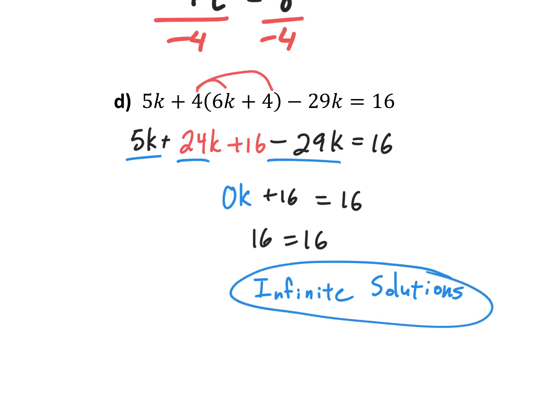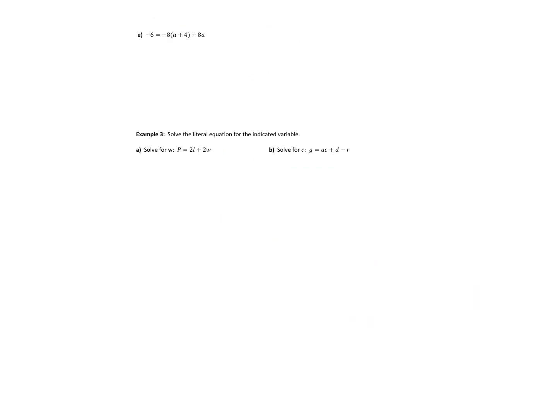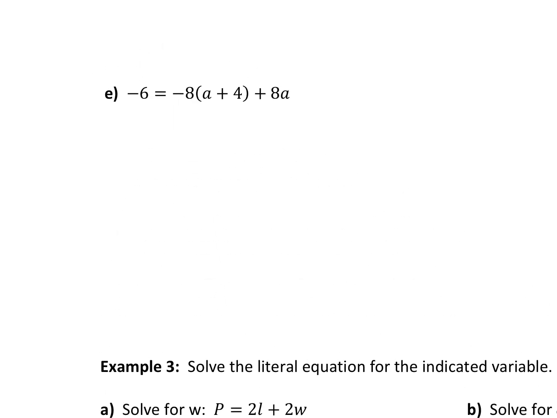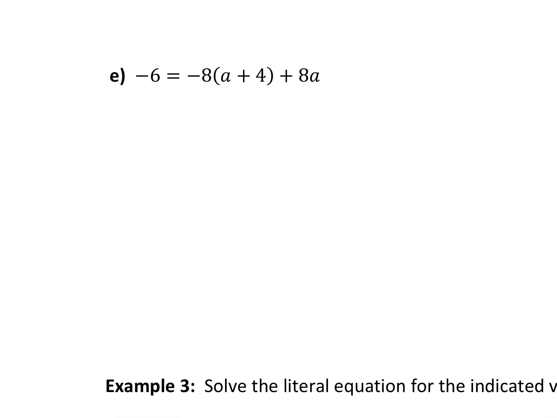Let's go ahead and flip over to the back side of this page for E and the rest of the examples. Starting off with E, we're going to start with distributing or multiplying. So negative 8 times a, negative 8a, negative 8 times 4, negative 32, and bring everything else down. Once again, looking for our like terms.